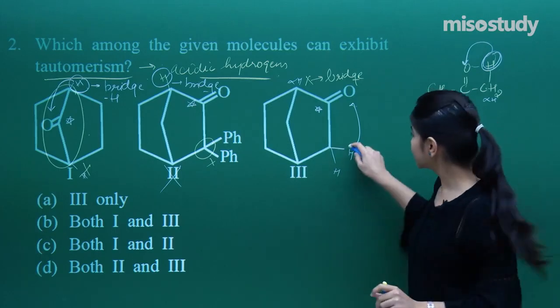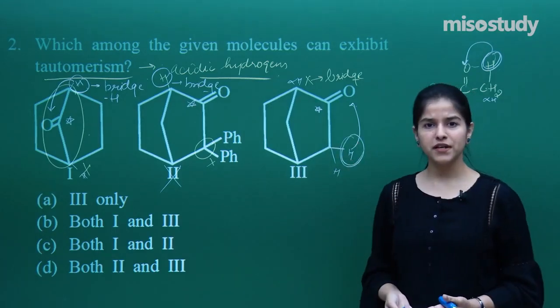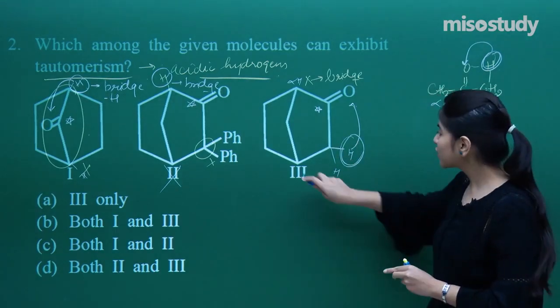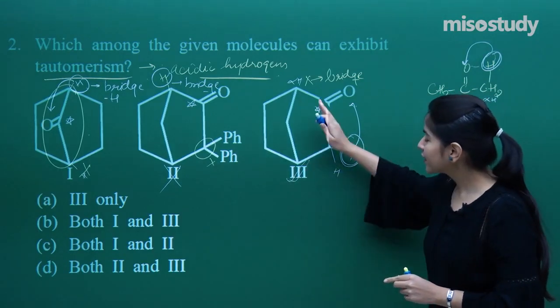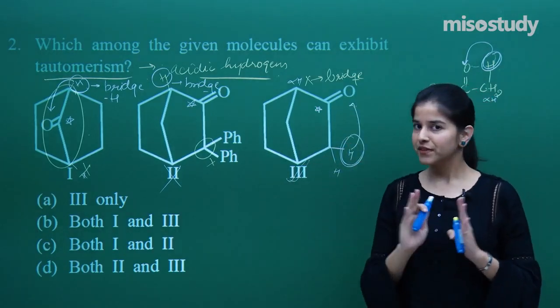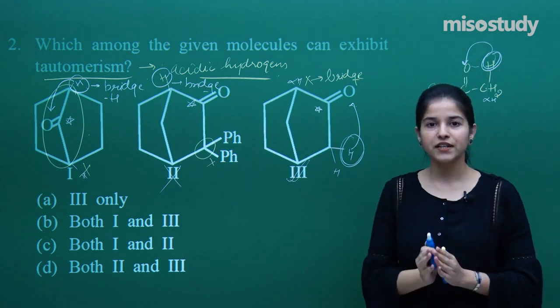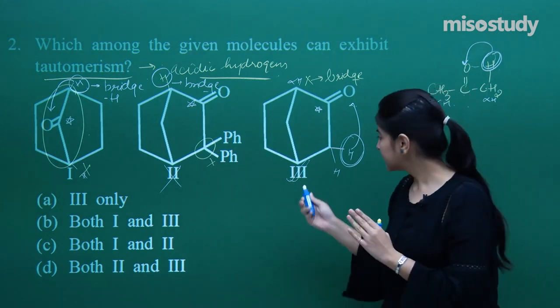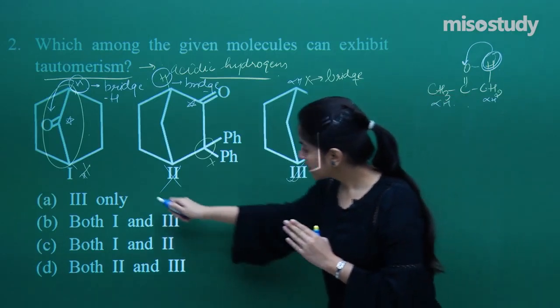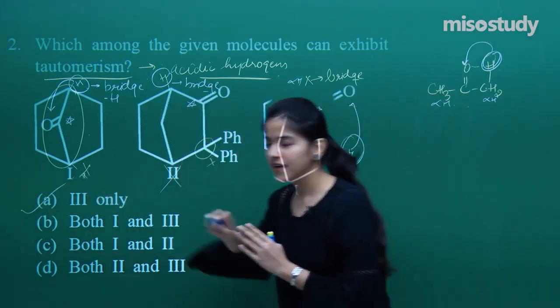What I need is the hydrogen which is available to me, right? So this particular molecule number 3 will definitely be giving the tautomerism. Clear? So the third molecule is the one, and I have got only one option, that is A.